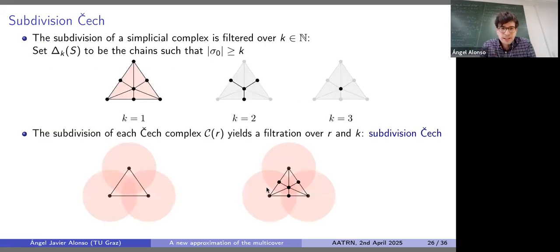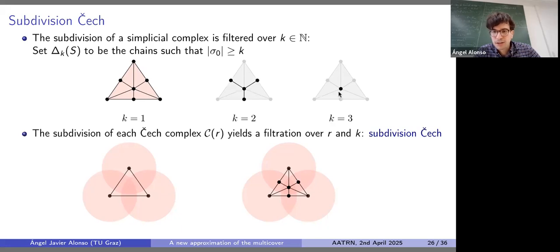And then the observation is that this subdivision is also filtered over a parameter K, given by the cardinality of the minimum element in the chain. Again, the picture: for K equals 1, this is just the whole subdivision. For K equals 2, this is the subcomplex spanned by those vertices that come from edges, and we will obtain this in this case.